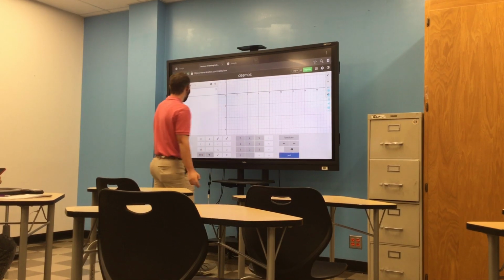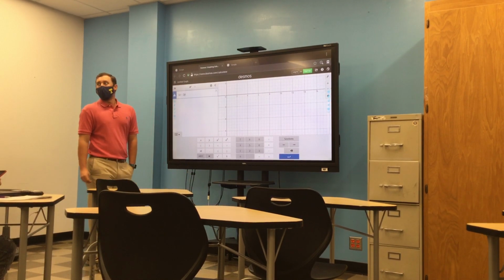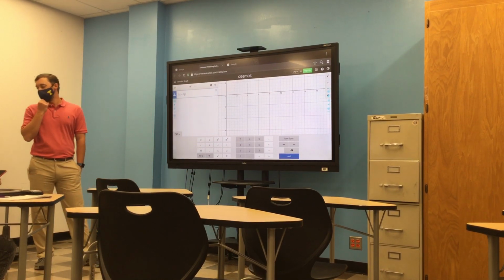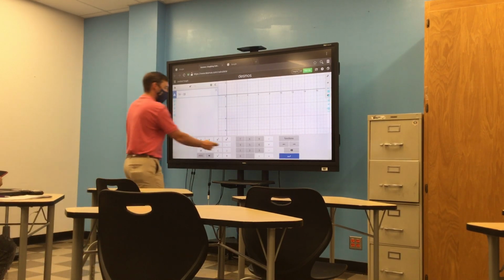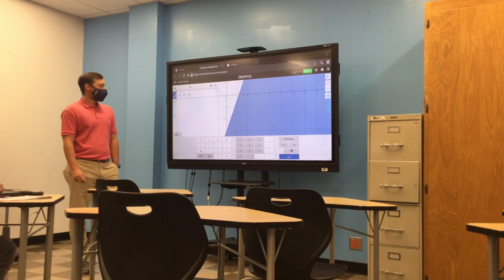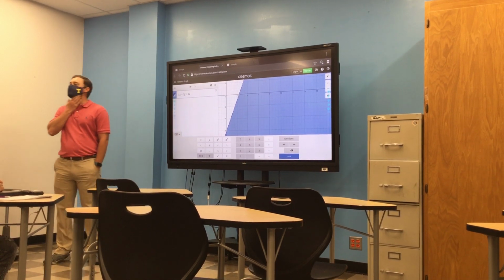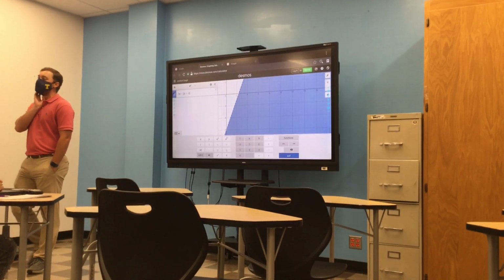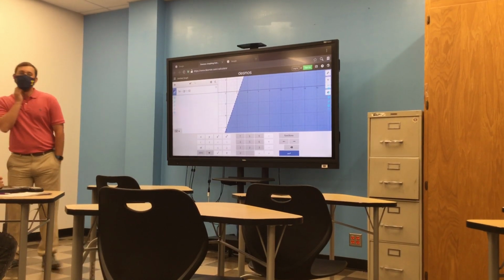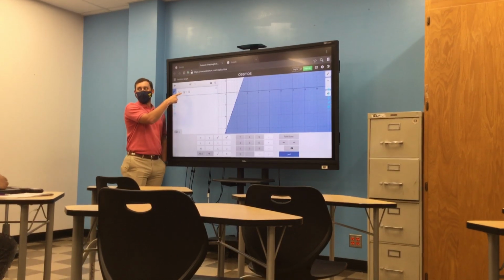So what's my inequality sign there? Greater than. So greater than 12. Notice here, which way is this shaded? Is it shaded above or below? It's below, right? What is my inequality sign here?